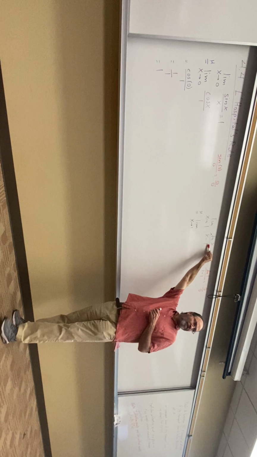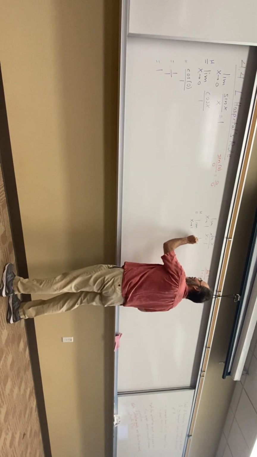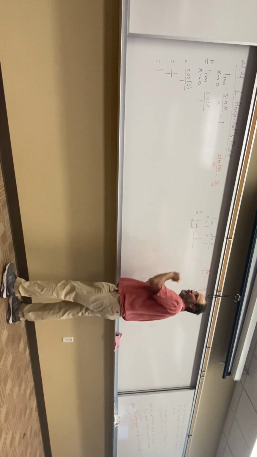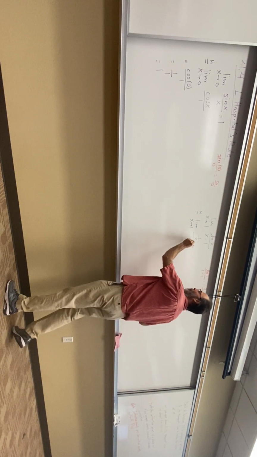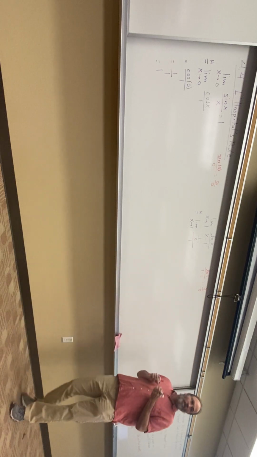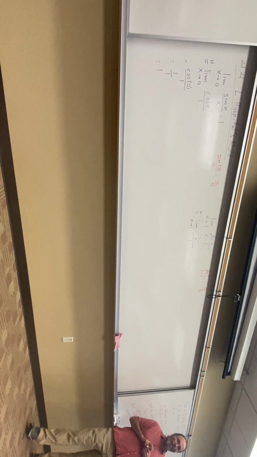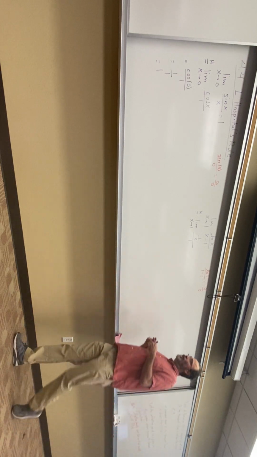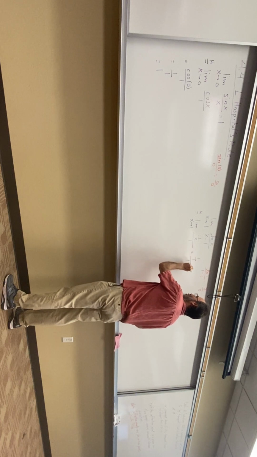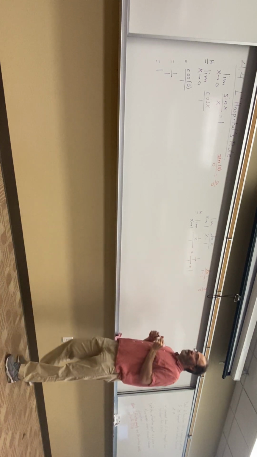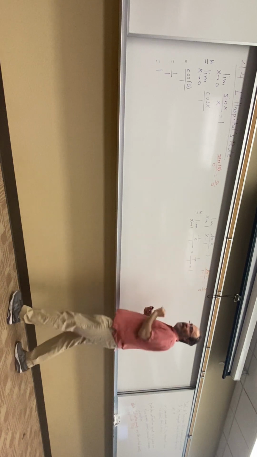Derivative of the top, derivative of natural log of x, is 1 over x. Derivative of the bottom is 1. And now we plug in 1, which just is 1. Which tells us that that original limit is also 1.